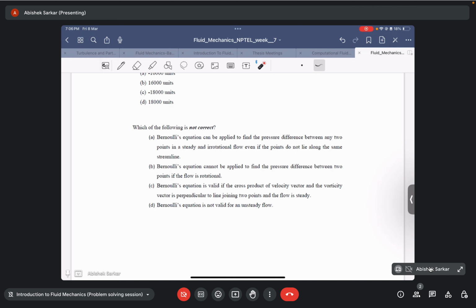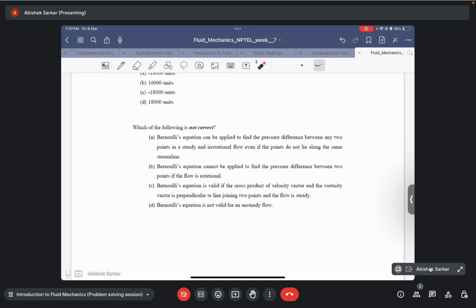Okay, and finally, Bernoulli's equation is not valid for an unsteady flow. Okay, again, by Bernoulli's equation I guess here we mean the classical form, that is P1 by rho plus V1 square by 2 plus g Z1 is equal to P2 by rho plus V2 square by 2 plus g Z2.